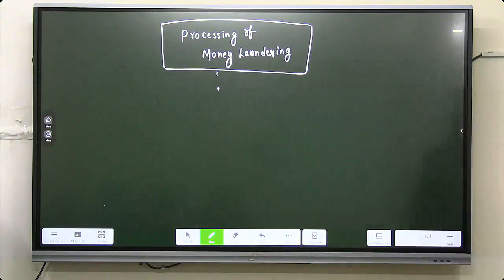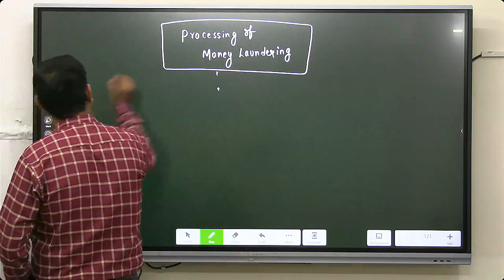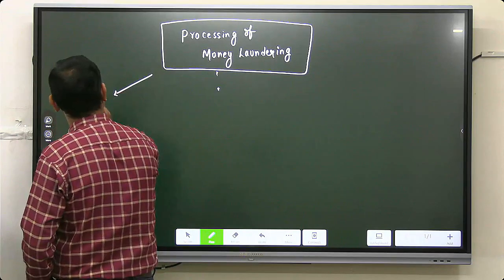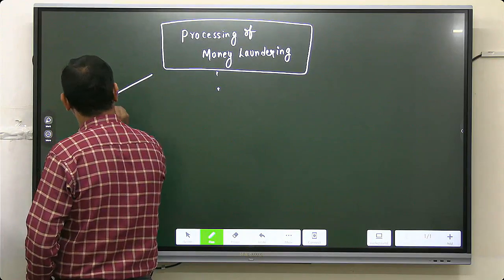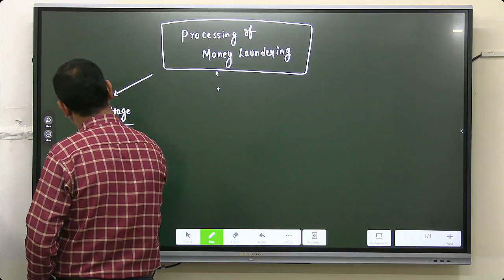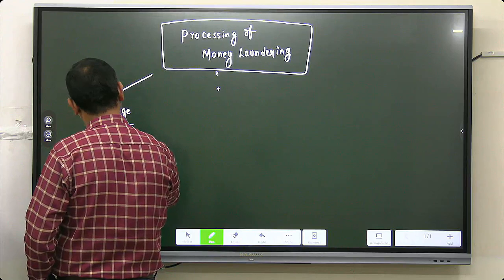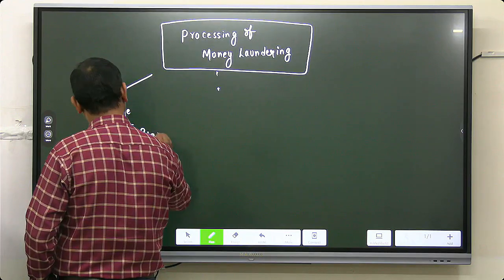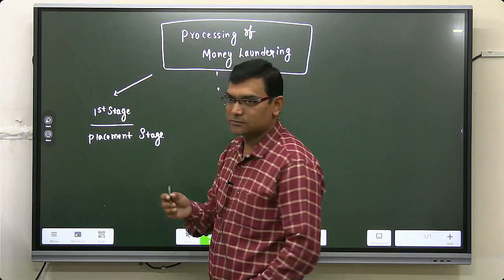Processing of money laundering. Now, the first stage, what was the first stage? First stage was placement stage. Second stage was layering stage.